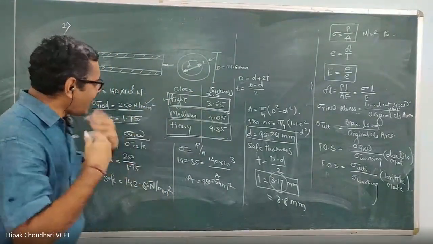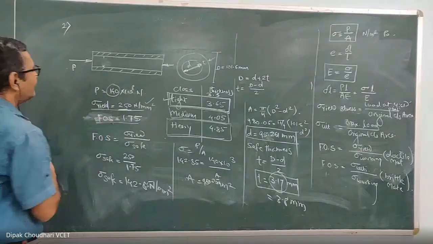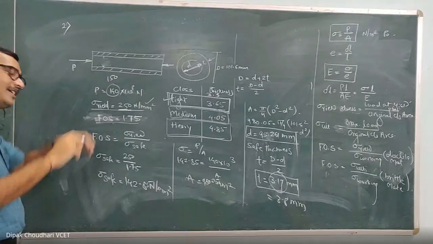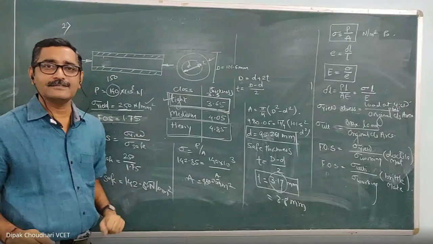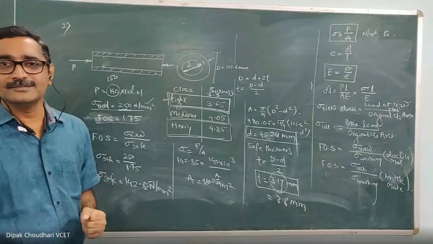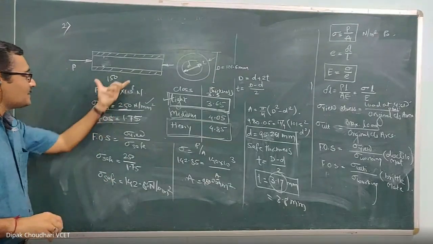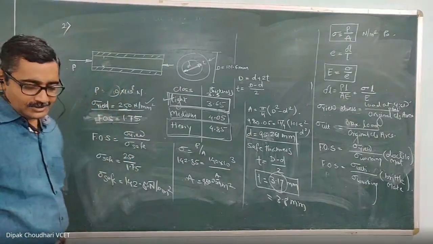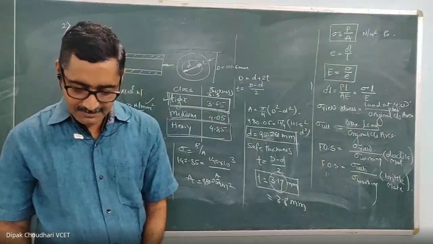In that case, accidentally, instead of 140 kilonewton, even if I apply 150 kilonewton load, it will not fail; it will remain safe, because we have considered the factor of safety. But if you don't use the factor of safety, you won't get this margin. Understood? Okay, next sum number 3.